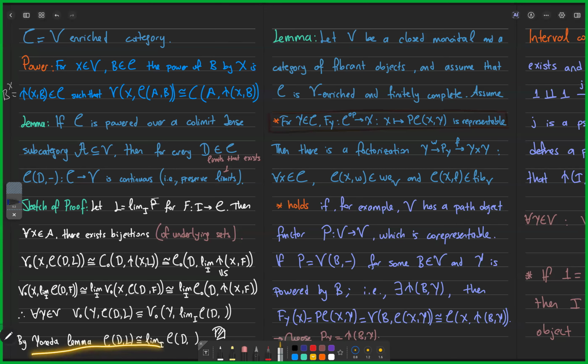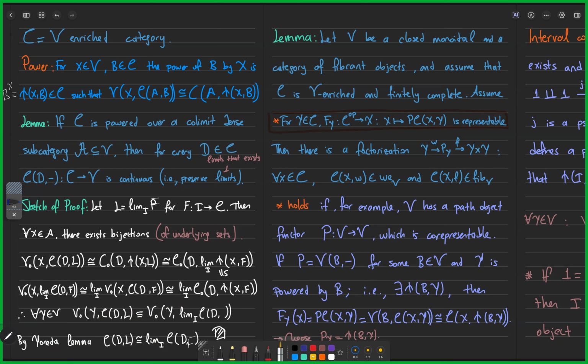Since for the set representables there is always a natural bijection between them, and everything here is natural, by the way, these two objects must be isomorphic. So this completes the proof.